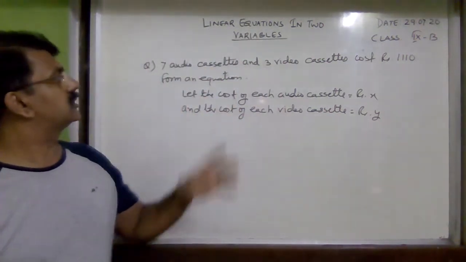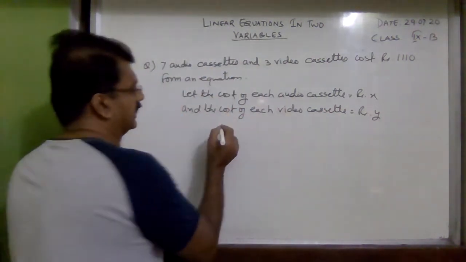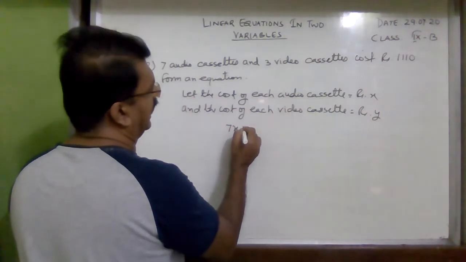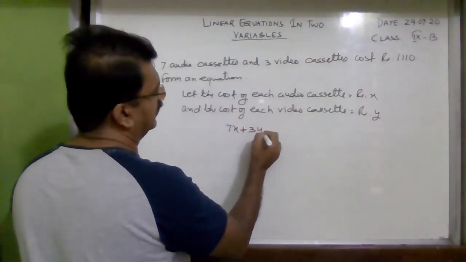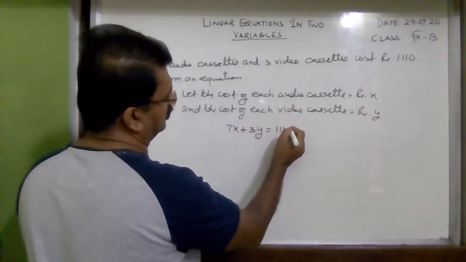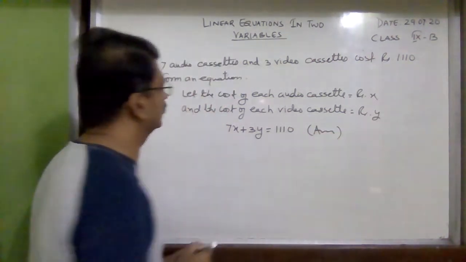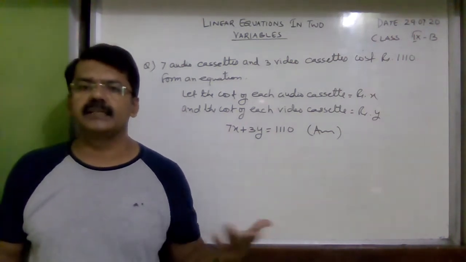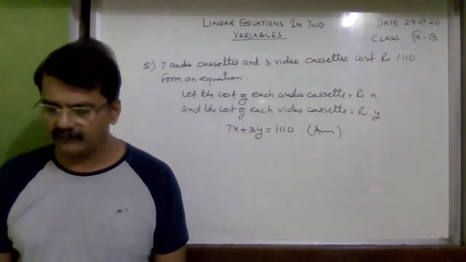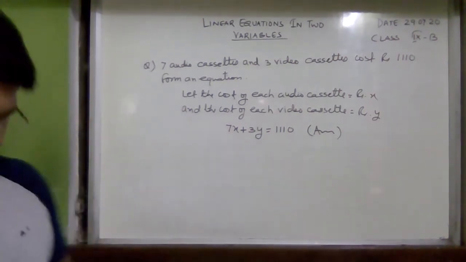Now, according to the question, 7 audio cassettes means 7x and 3 video cassettes means 3y is equal to 1110, and that is your answer. That is the linear equation in 2 variables. Clear? Next question.